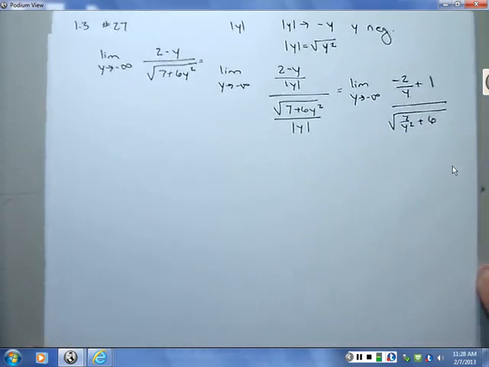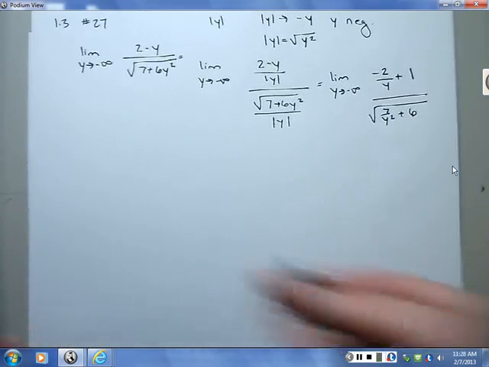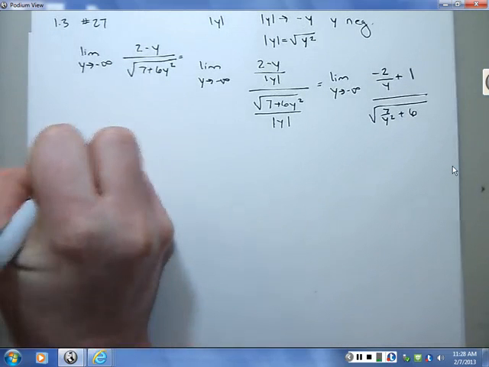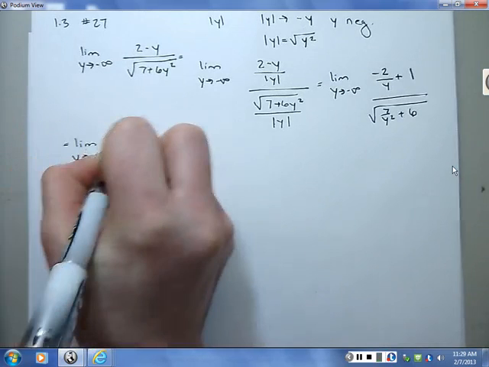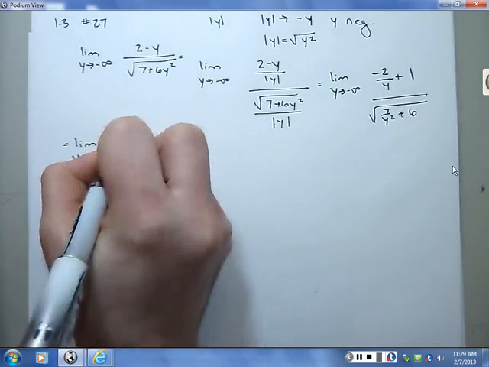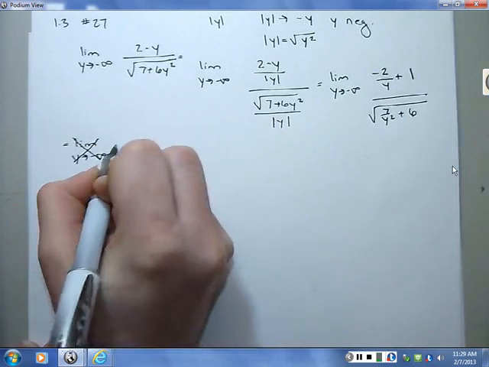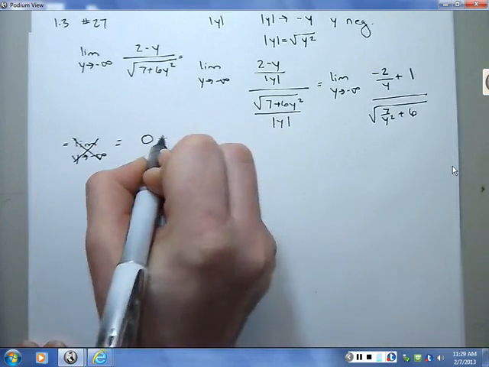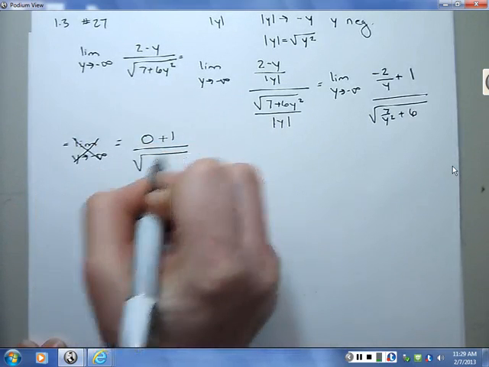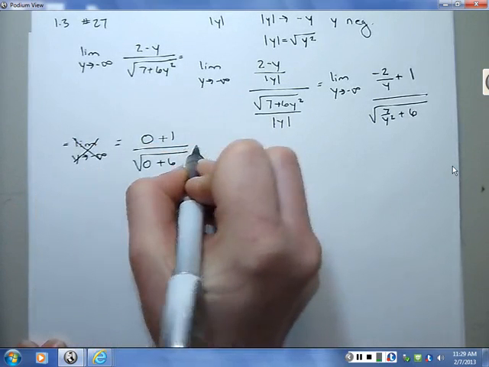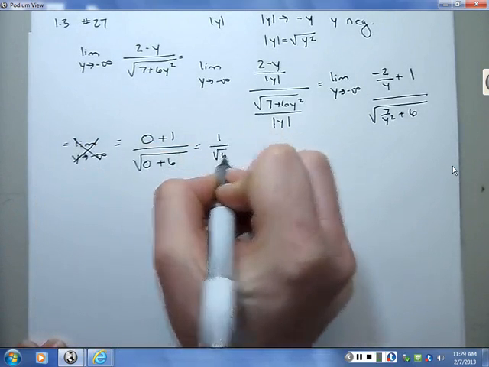Does everyone follow me to that point? So we're getting close. I don't even need the limit anymore because I'm going to plug it in. I have 0 plus 1 over the square root of 0 plus 6, which gives me 1 over the square root of 6.